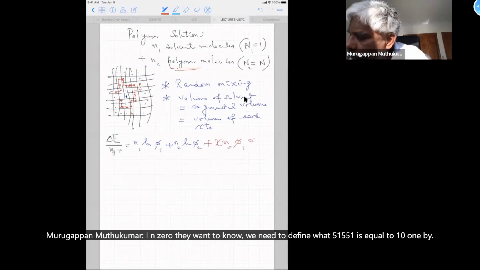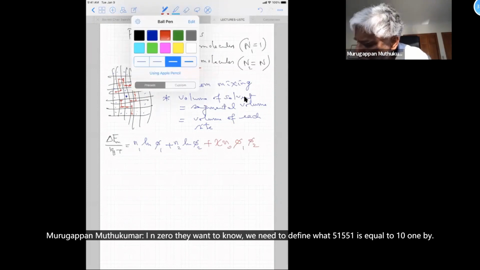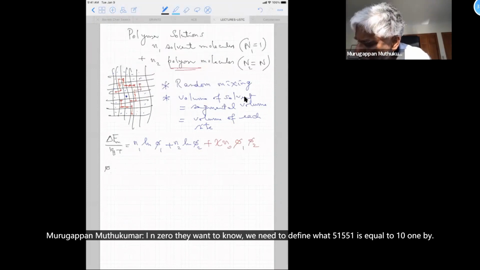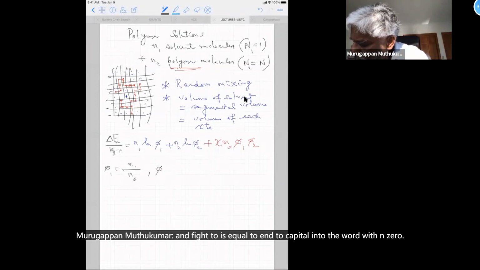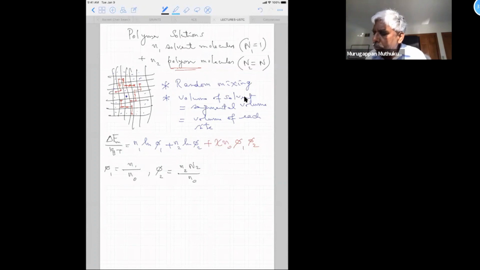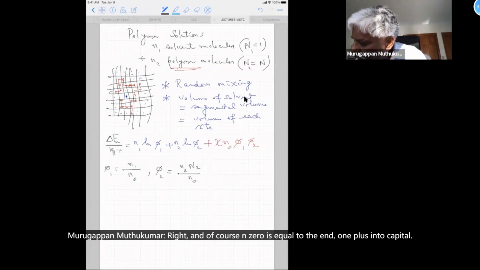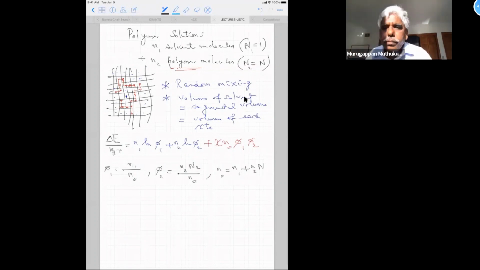Now we need to define what phi 1, phi 2 are. Phi 1 is equal to N1 by N0, and phi 2 is equal to capital N2 divided by N0, right? And of course, N0 is equal to N1 plus capital N2.